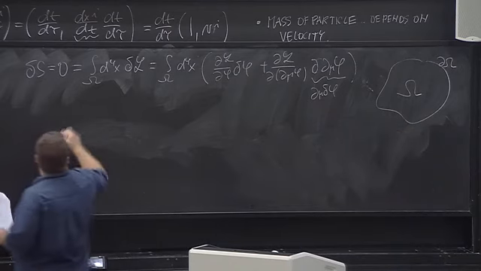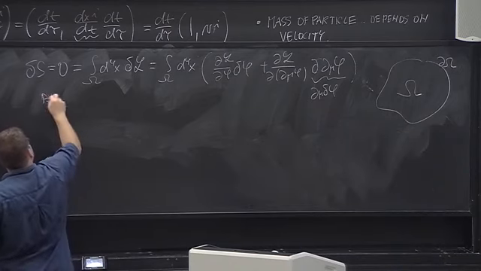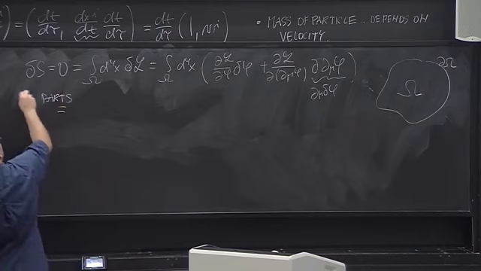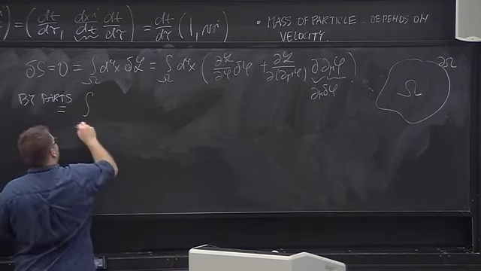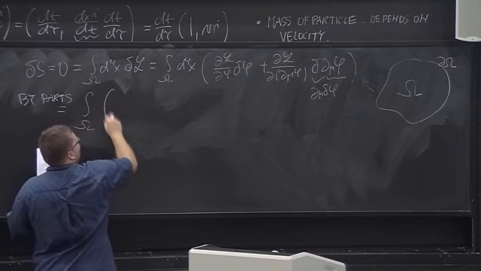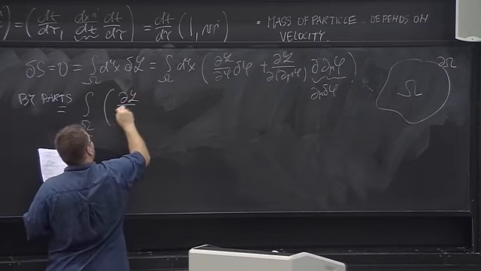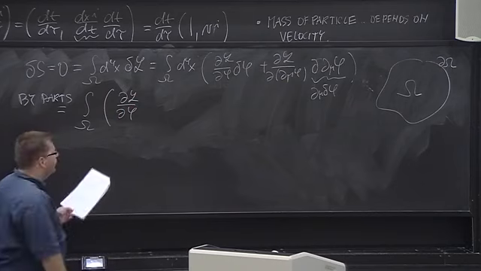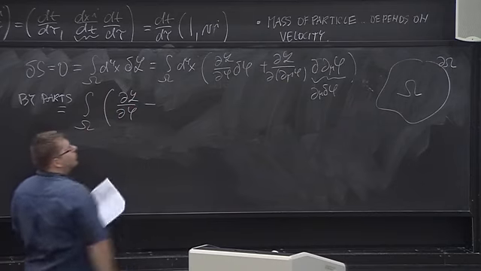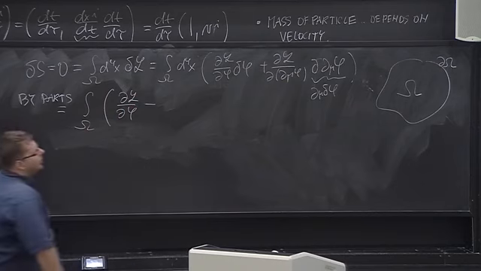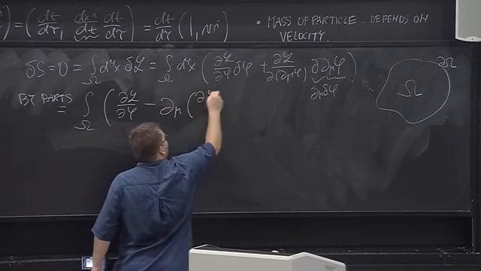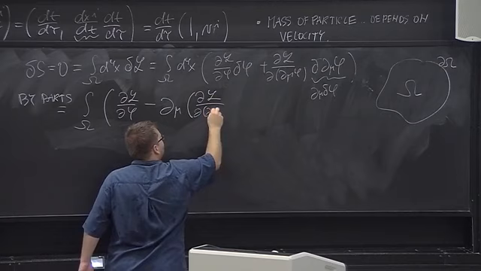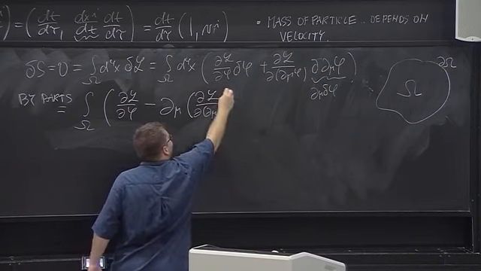Okay, and so integration by parts, and you get an integral over Ω, and then dL/dφ from the first term, and then integration by parts brings me a minus sign and brings the ∂_μ derivative on this thing, ∂_μ dL/d(∂_μφ).